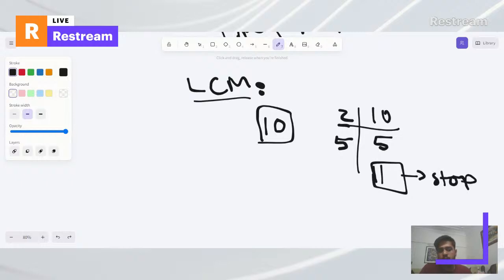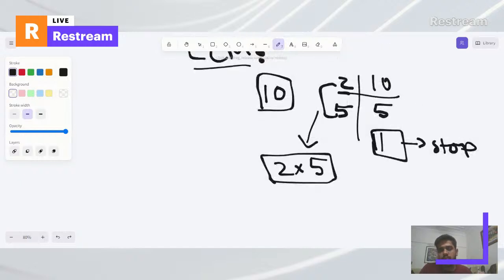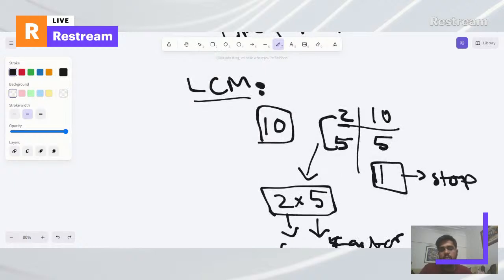These two can be referred to as the factors that form 10. These two can be regarded as factors individually, like 2 is a factor, and 5 itself is a factor, because both of these numbers can be used to divide 10.